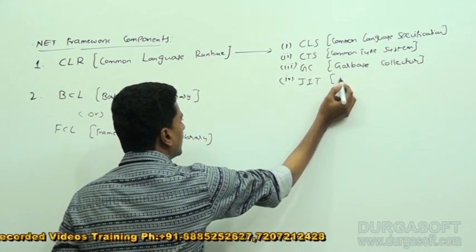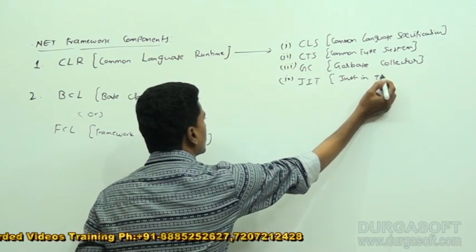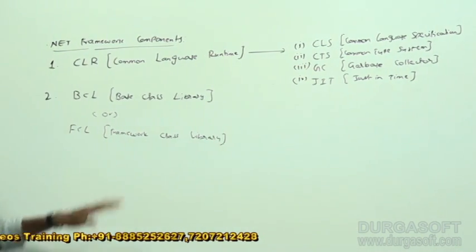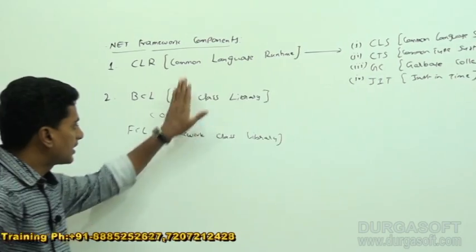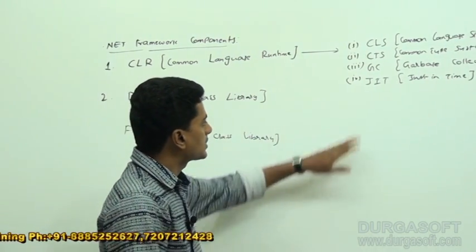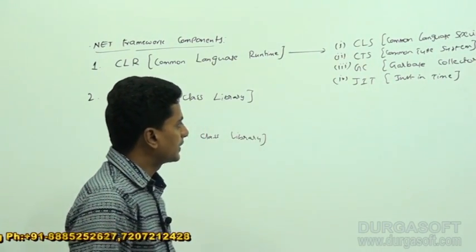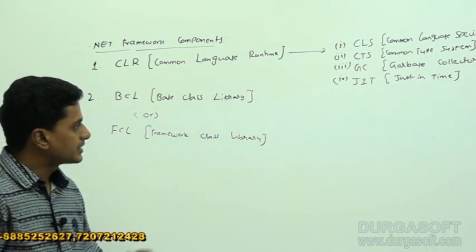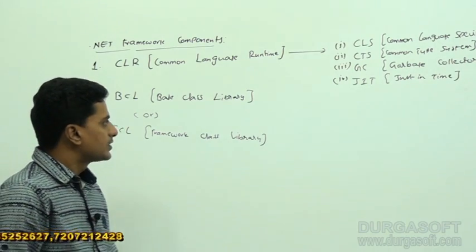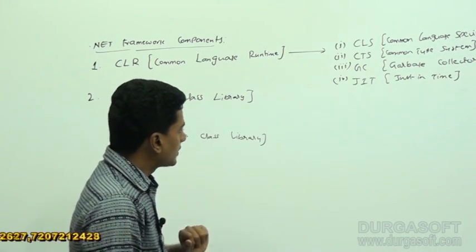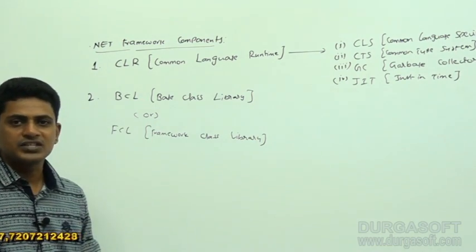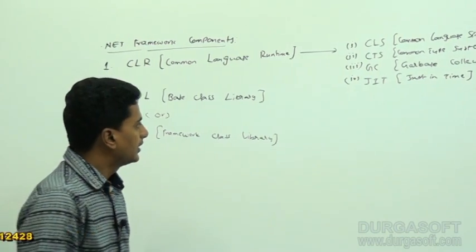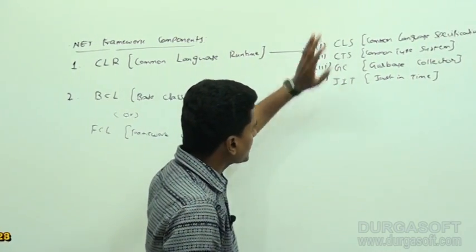Next is JIT, Just in Time, which is a compiler. So these are the four subcomponents available in CLR: CLS, Common Language Specification, CTS, Common Type System, GC, Garbage Collector, and JIT, Just in Time Compiler. With the help of these four subcomponents, the Common Language Runtime provides the runtime environment to all .NET programming languages.